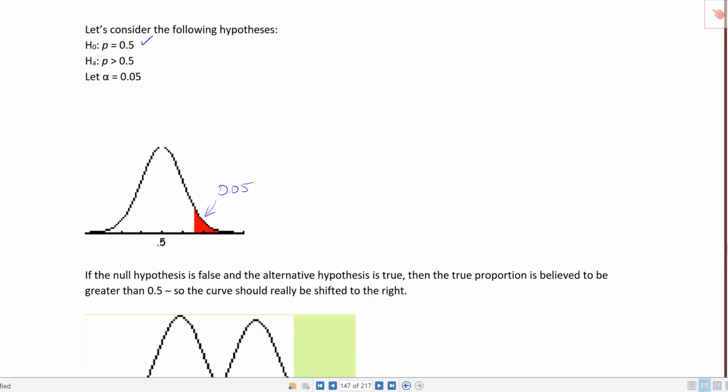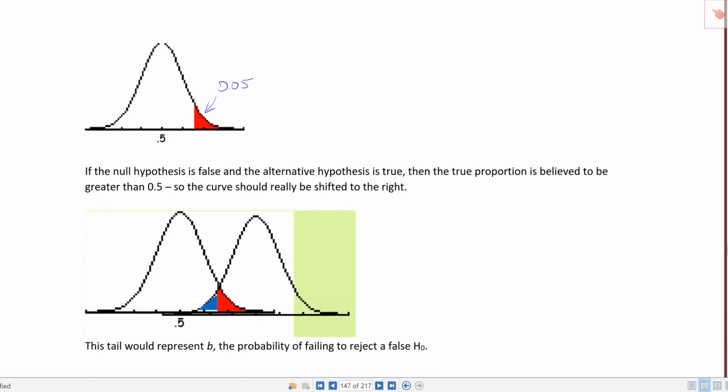If the null hypothesis is false and the alternative hypothesis is true, remember the alternative hypothesis said that P was actually bigger than 0.5, we would have to pick this curve up, this one right here, and kind of move it, because 0.5 really wasn't our mean.